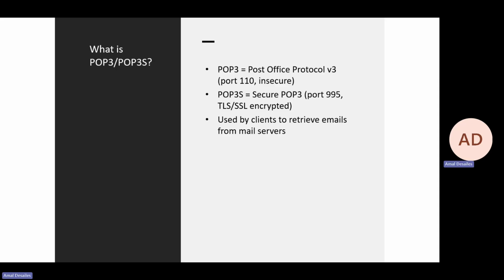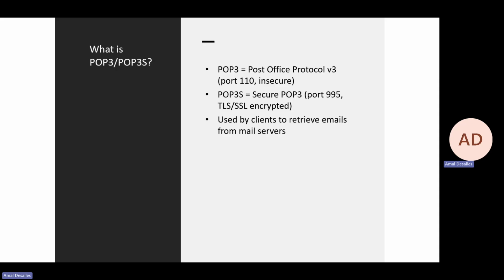Next I'm going to talk about POP3 or POP3S. POP3 stands for Post Office Protocol version 3. It has been around for a long time and is mainly used by email clients to download messages from the server. The standard POP3 protocol runs on port 110, which is insecure because it sends data in plain text.